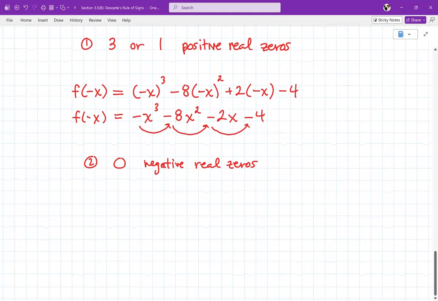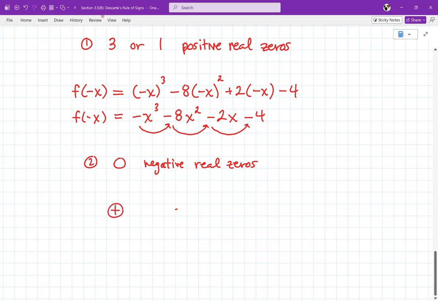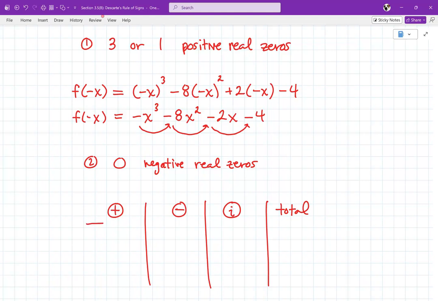Now we make our chart. Positives, negatives, imaginaries, and the total. All right. Positive real numbers. I either can have 3 or 1. Okay, so let's start with 3. And the total is how many?